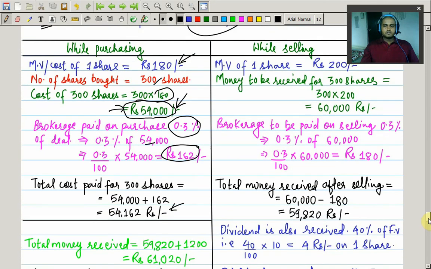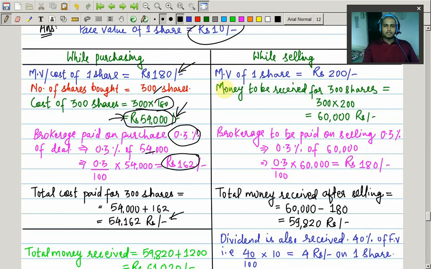Then let's read while selling. Market value of one share is rupees 200. Money to be received after selling 300 shares is 60,000. So I am supposed to get 60,000, but there is a brokerage. He will take his money from this 60,000 and then give the remaining amount to me.